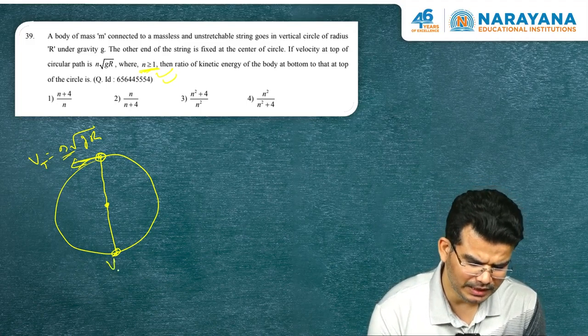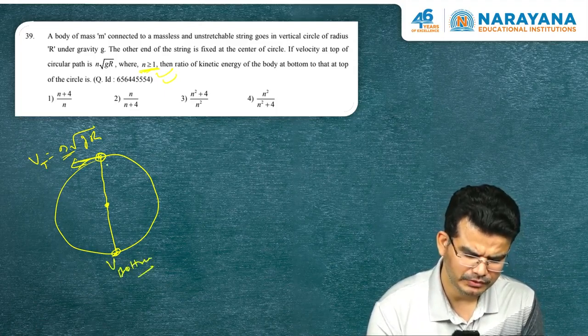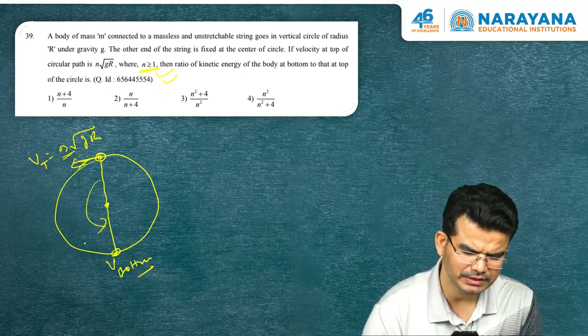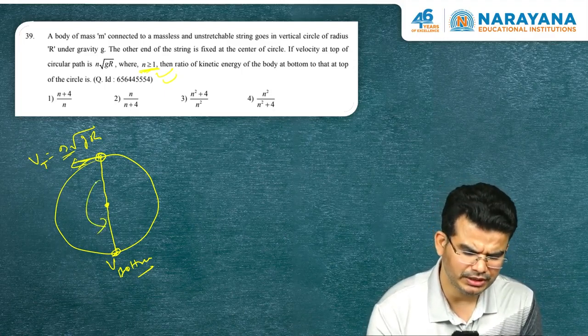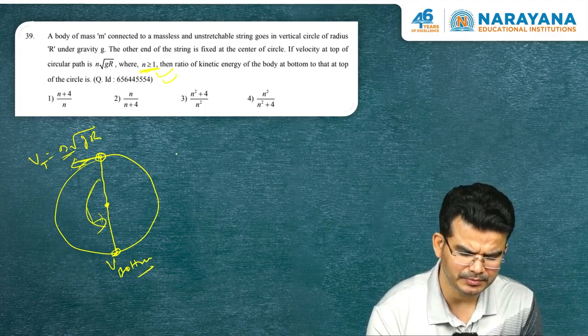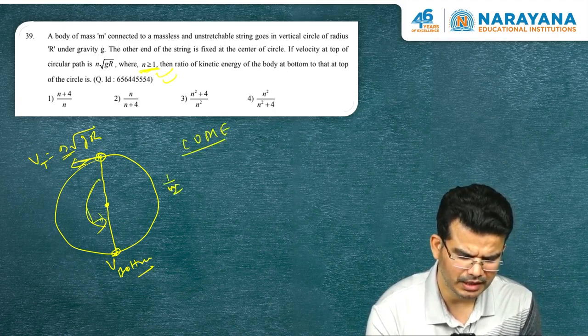Now, V bottom they are asking. It is a simple question of work energy theorem. From here to here you can apply work energy theorem or conservation of energy, both are fine. Let us apply conservation of mechanical energy. Initially half m Vt square, Vt square is how much, beta? n square gr, plus potential.